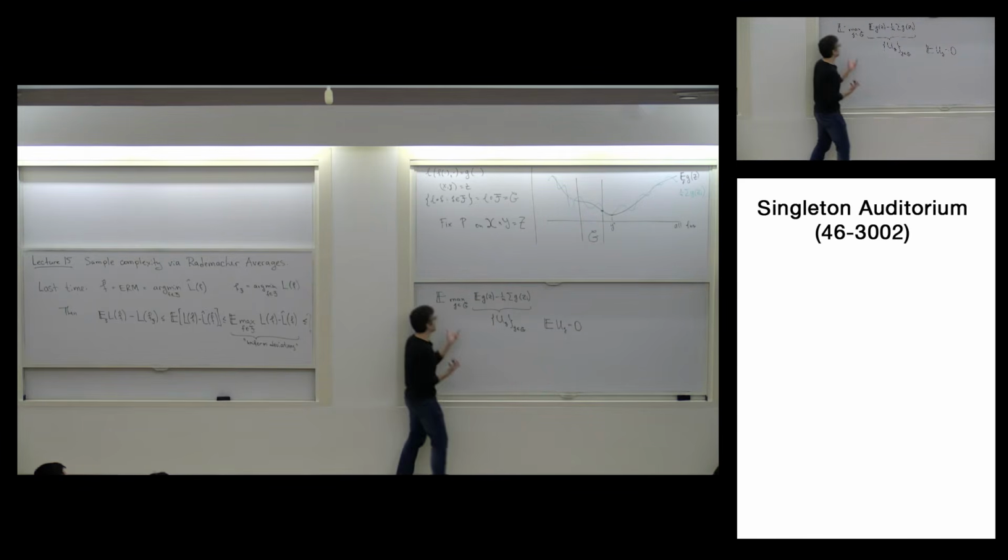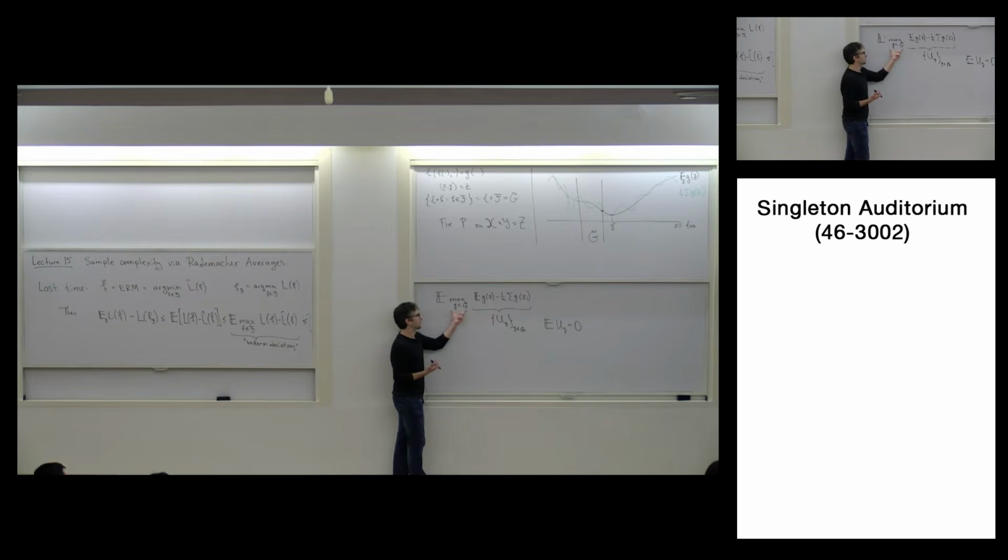I want to convince you that the size of G enters the picture. If G is a singleton, just a single function, then you get 0. For these uniform deviations, there is nothing to do.